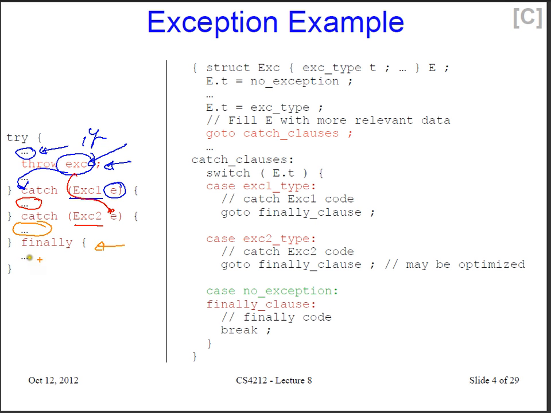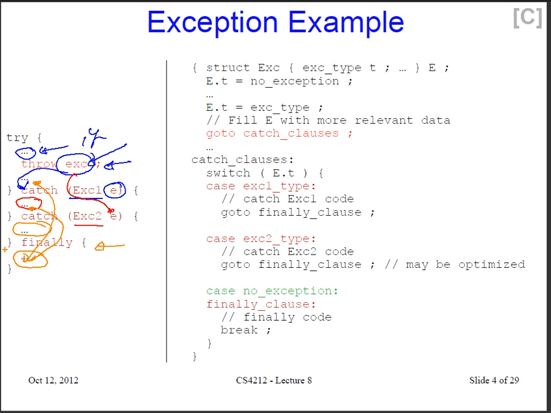clause, and this clause executes no matter what, irrespective of whether an exception was thrown or what kind of exception was thrown. So if we terminate this try statement normally, if we get to the bottom of the try, we still have to go through finally. If we catch and we find ourselves here, we still have to go through the finally, right?